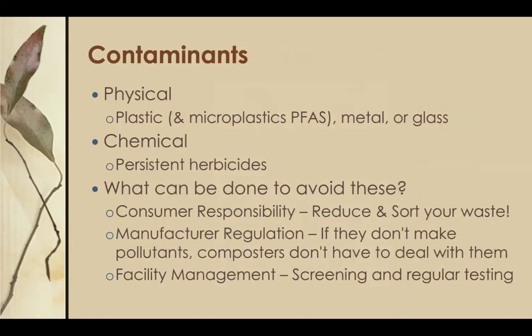Okay, contaminants are quite a big concern that a lot of growers have, so I wanted to address it briefly. When we're talking about contaminants, we have two major families: physical contamination and chemical contamination. Physical is something that you can see, like plastic, or that you can't see, like microplastics, or metal or glass.